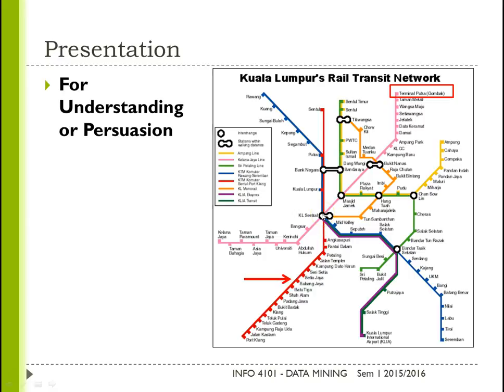Then they have to get into Central, after which they can take another LRT route, which brings them to Gombak. It's a lot easier, it's a lot simpler, and it's easier for the consumer, in this case the person asking the question, to understand the instructions.